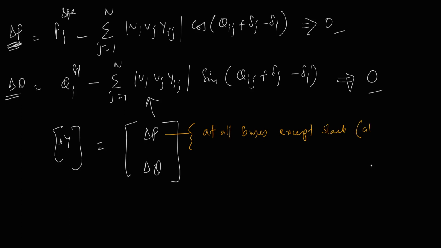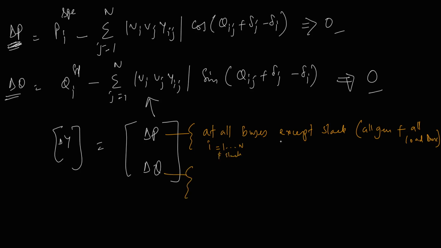That means all generator buses plus all load buses. Is it right? So P is specified for both generator buses as well as load buses. That is why I am evaluating this mismatch power balance at all buses except slack, that is i equals 1 to n and i not equal to slack in this case, right?